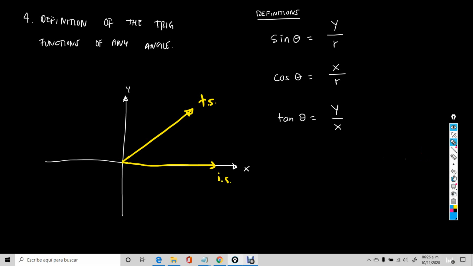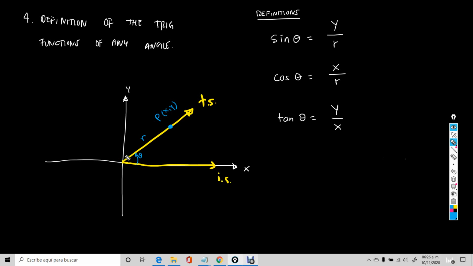And then, for example, this could be my angle theta. If I wanted to get the trigonometric functions of this angle theta, I go back to my definition, to the way these things are obtained, and I choose one point on this terminal side, any point, it doesn't matter. I label it P, and this point P has coordinates x, y, and it has a distance from the origin, which is r, which is all of this.